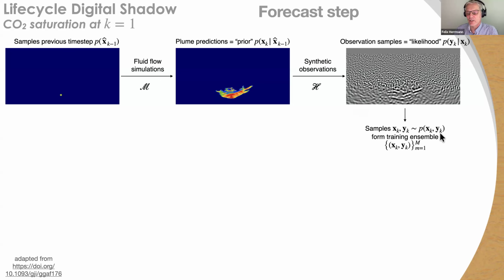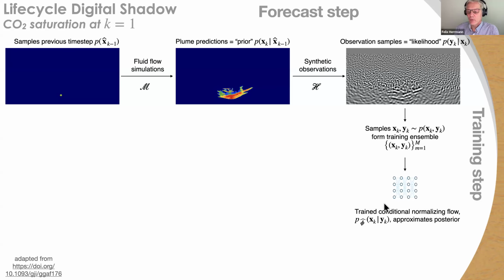And so we use a technique from simulation-based inference to train a neural network on this ensemble, right? That neural network is trained to approximate the posterior distribution, which gives you samples of the posterior xk given yk. And this phi hat denotes the optimized network weights that we trained while working with this ensemble.